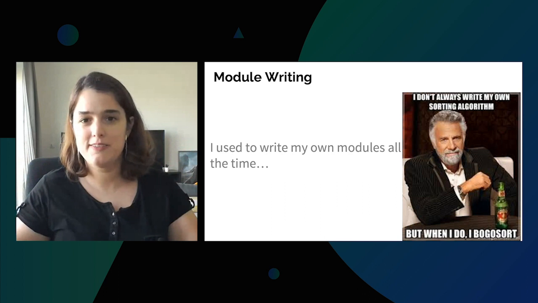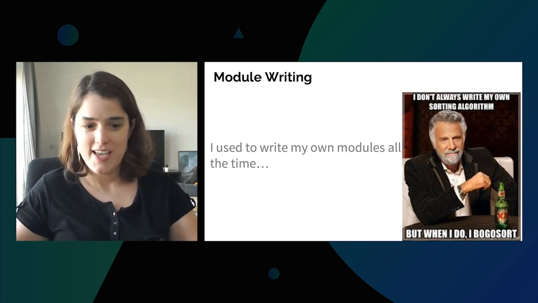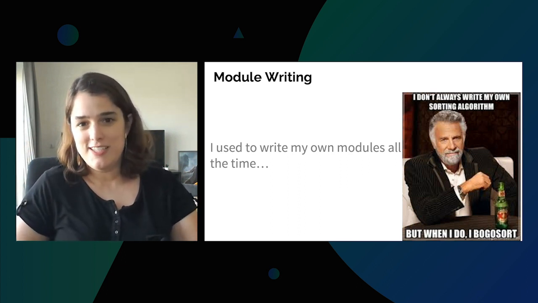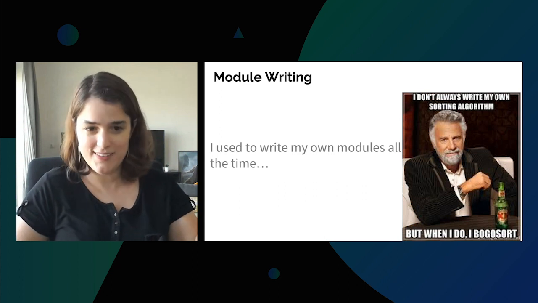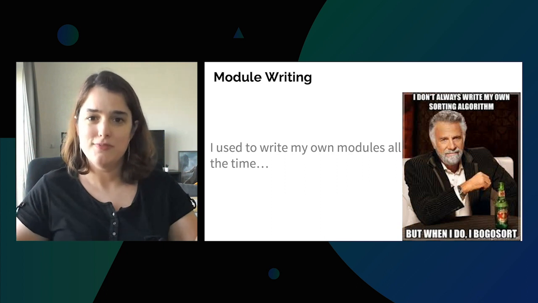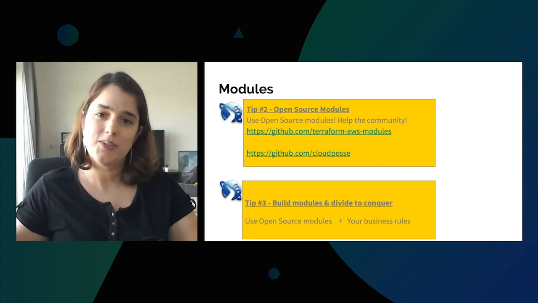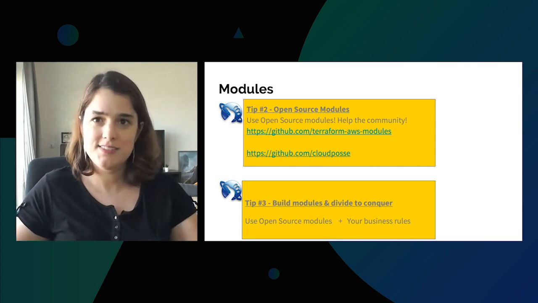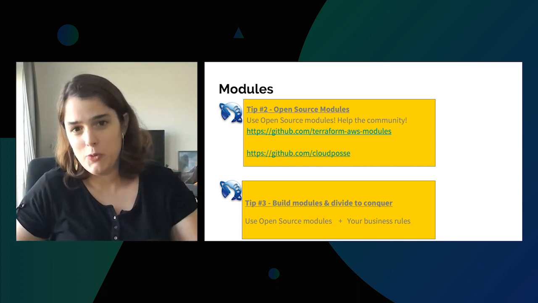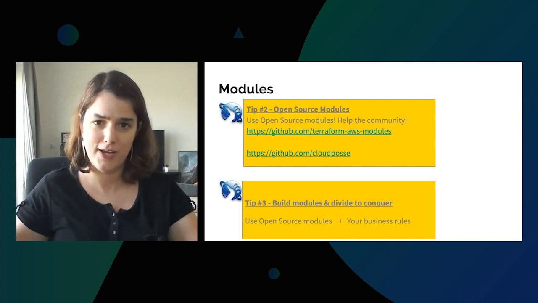And people in my team would use these modules, and I myself would use these modules. It was very nice to write my own modules, but then I started to build a lot of them. And then in the future, I realized it's a good thing if you can use modules from the community. Because the community has more tests, you can also help the community and give a little bit back. And I found it to be more effective, right?